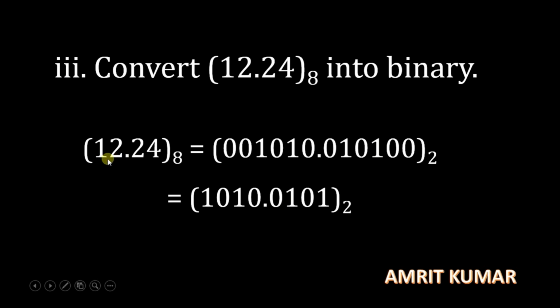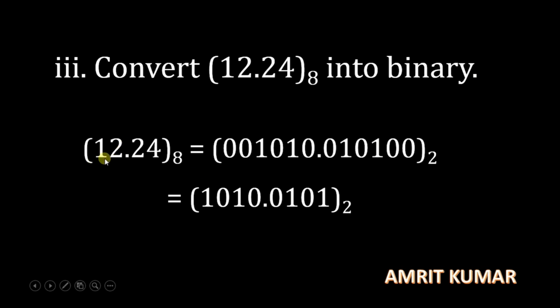Now here you are considering 2 and 1, and we know the fact that in octal to binary conversion we have to represent a digit of an octal by 3 bits. We know the 3 bits 0 1 0 are representing a digit, that is 2 here.